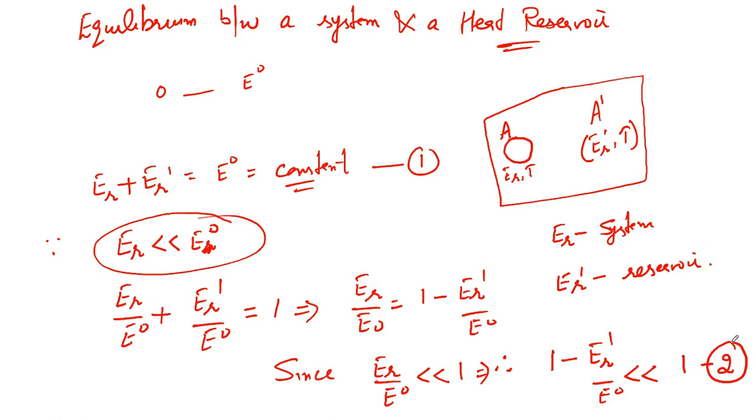Now let the number of these states be denoted by omega dash, which is a function of ER dash, and this prime shows that the functional form may depend upon the physical nature of the reservoir. So the number of microstates depends upon the type of heat reservoir.